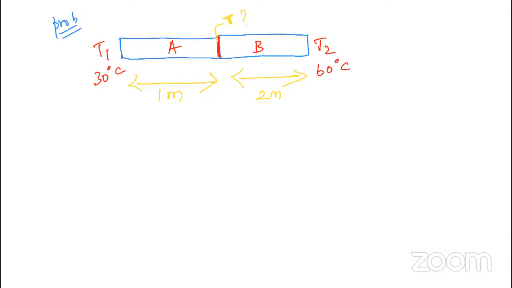The value of Ka for the first one is 100 watt per meter degree centigrade, and Kb is 50 watt per meter degree centigrade.